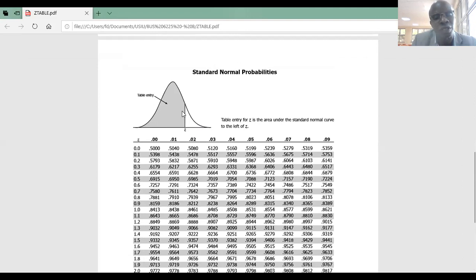So which area is to the left of Z 0.05? Which area is to the left of this line here? Can an area ever be negative under the sun?